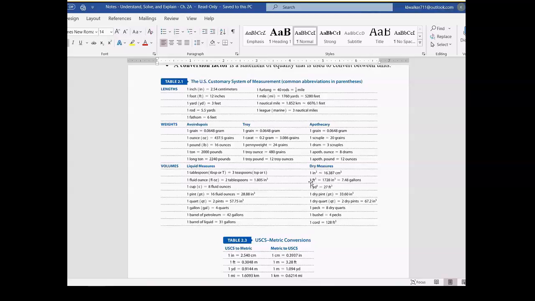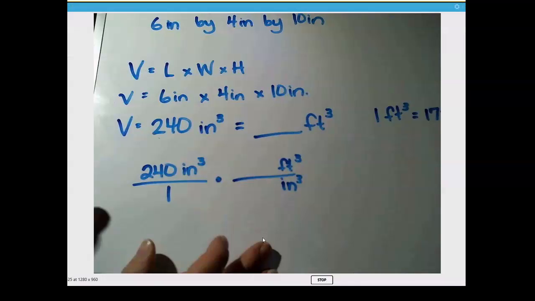And I see right here cubic feet and cubic inches. So I'm going to jot it down on my paper real quick. 1 cubic foot is the same thing as 1,728 cubic inches. Now I have what I need, and I can finish this out.